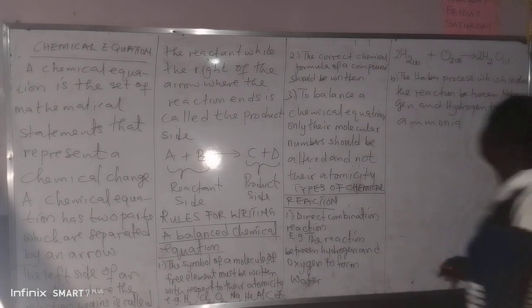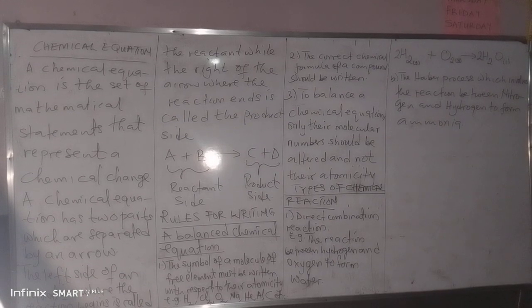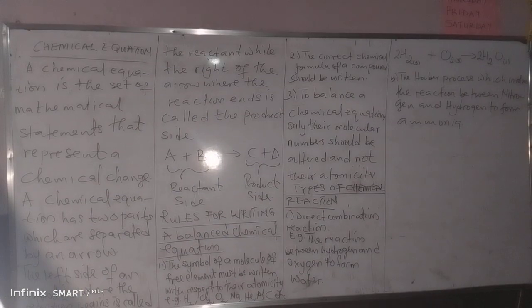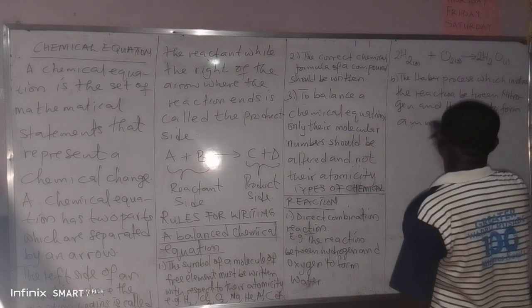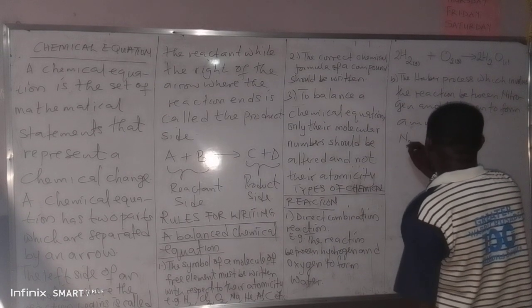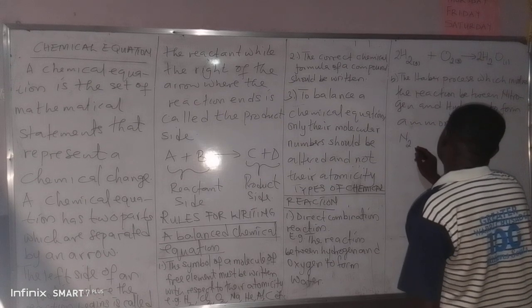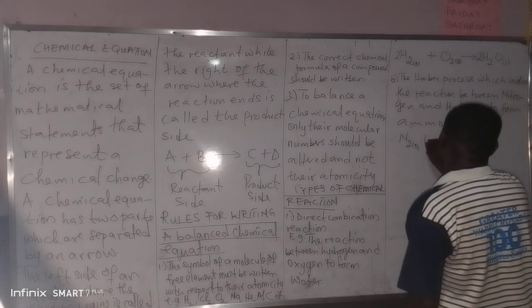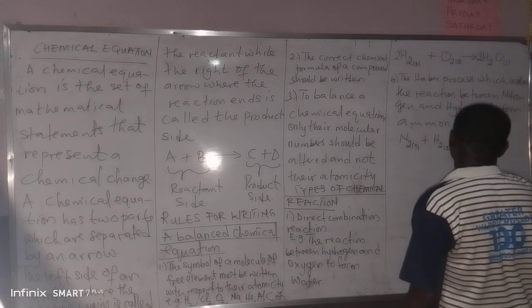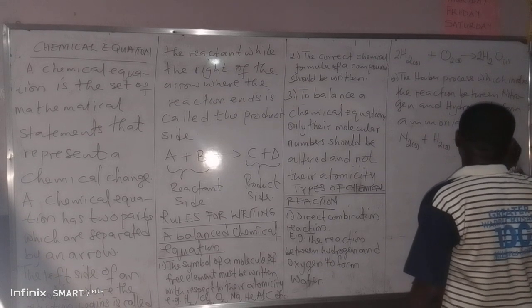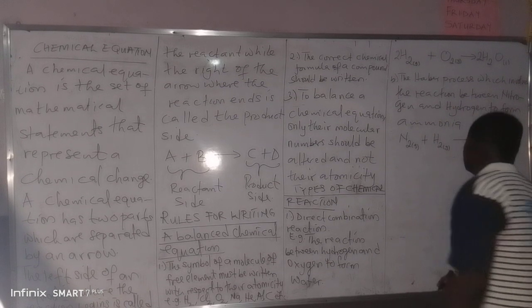You must have the knowledge of the reaction that you want to write the equation for. That is why I'm discussing this alongside the types of reaction we have. Now, reaction between nitrogen. Nitrogen is N2, a gene element, and it's a gas. With hydrogen, hydrogen is also a gene element. Ammonia is NH3, it's a gas also.